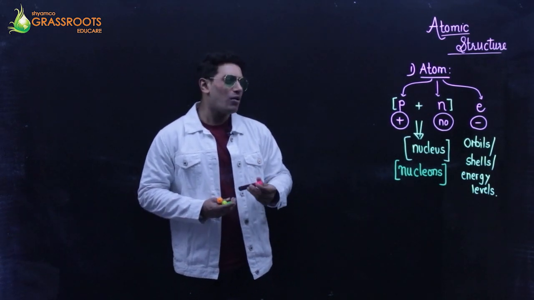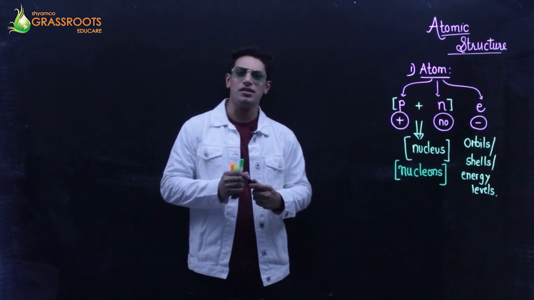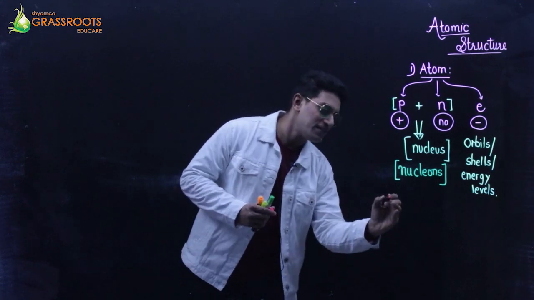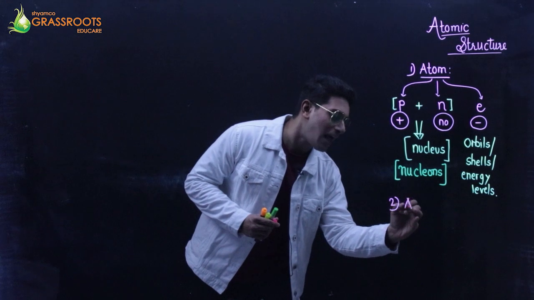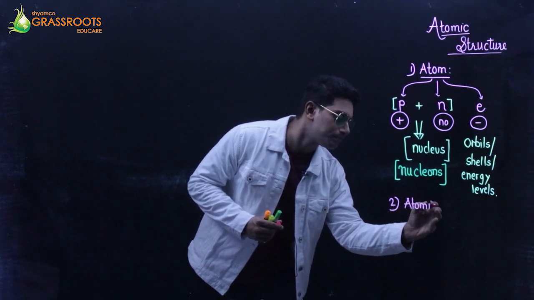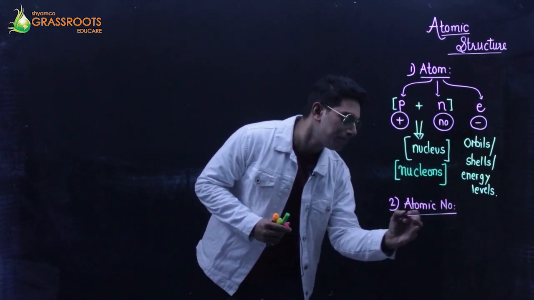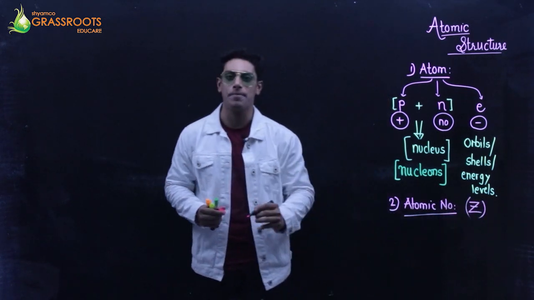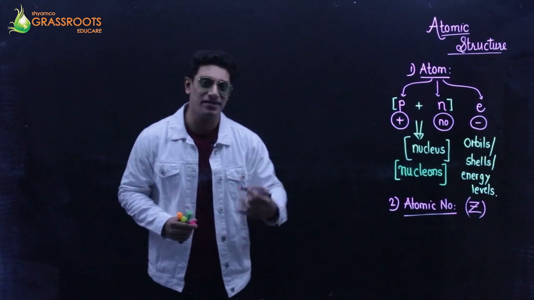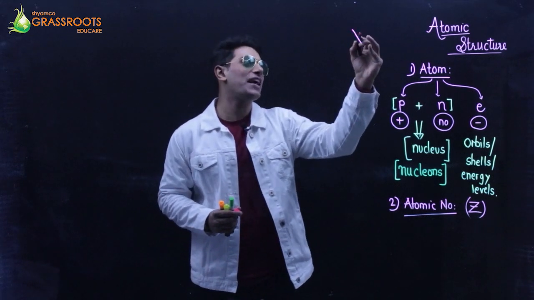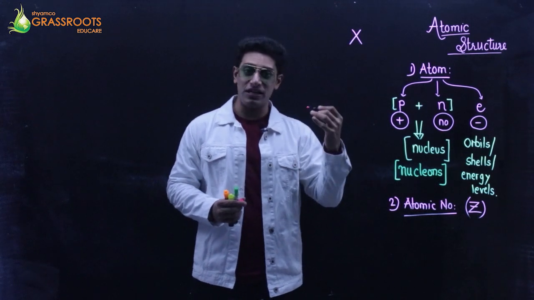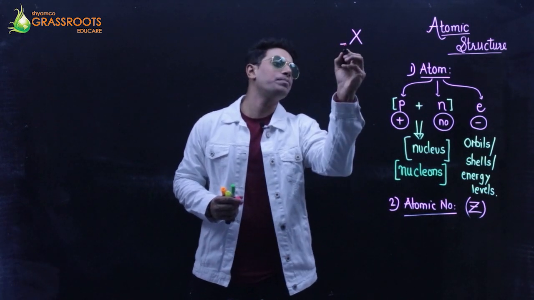Alright, now I'm going to talk about certain terms like mass number and atomic number. So my second terminology is atomic number. Atomic number is represented by the symbol Z. When I write an element, for example an element X, the atomic number is generally written at the bottom.